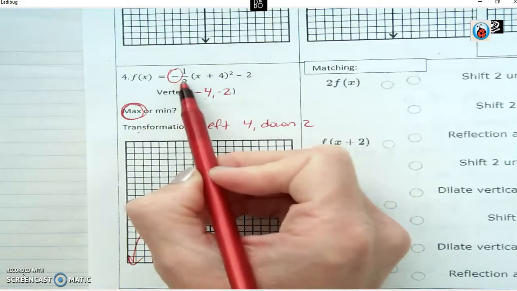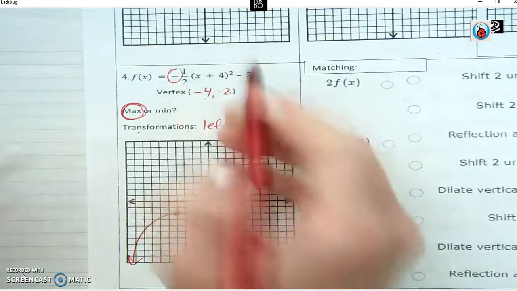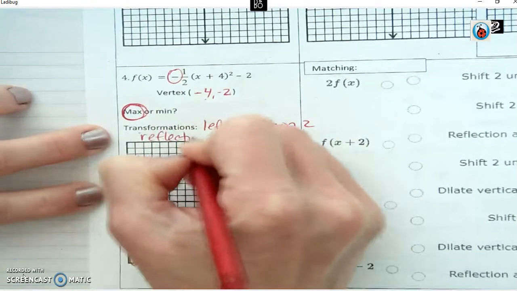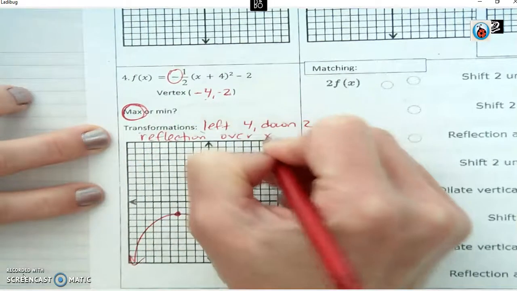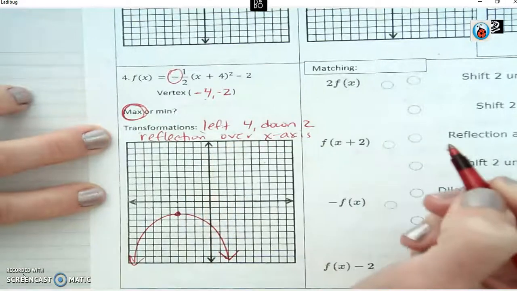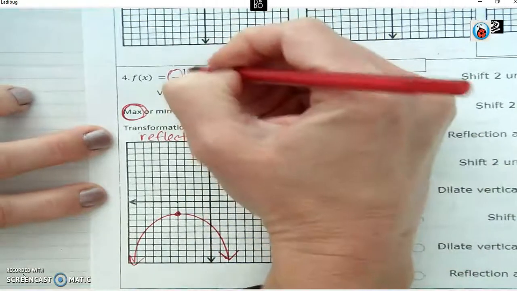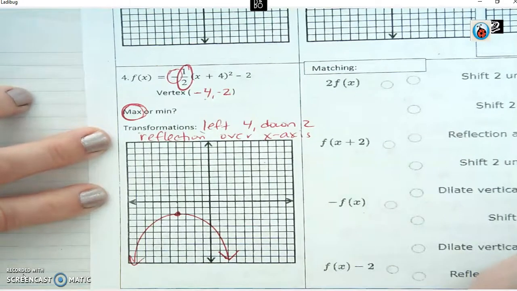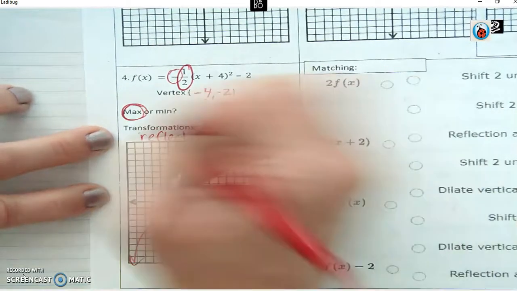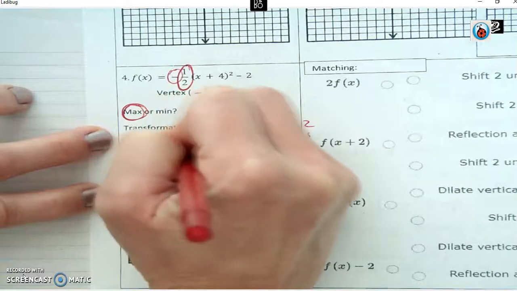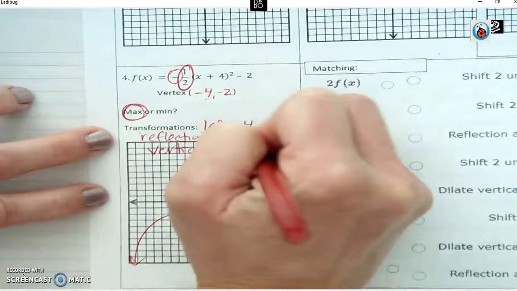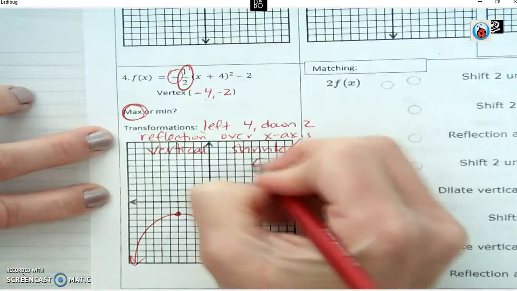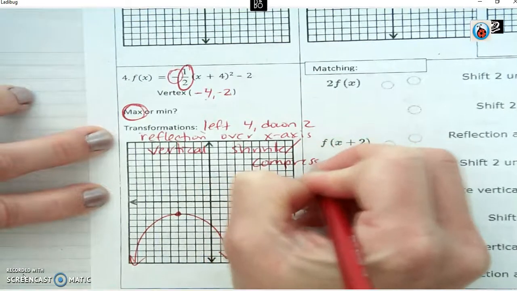The negative makes it open down, which is a reflection over the x-axis. The 1/2 is the dilation, which when you're doing quadratics, you say stretch or shrink. So this is a shrink because it's less than 1. So it is a vertical shrink, or sometimes they use the word compression. Okay.